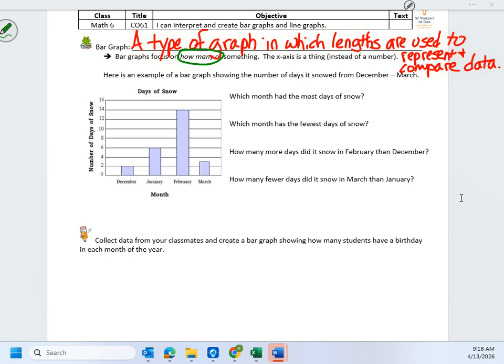You need to know that bar graphs are used when we want to know how many of something. And the x-axis is going to be a thing instead of a number. Like we had days of the week on that x-axis, that bottom line. We had types of injuries on that bottom line, right? Those are from math packets. So instead of being numbers, like on our regular graphs, when we have graph paper, we have positive and negative numbers.